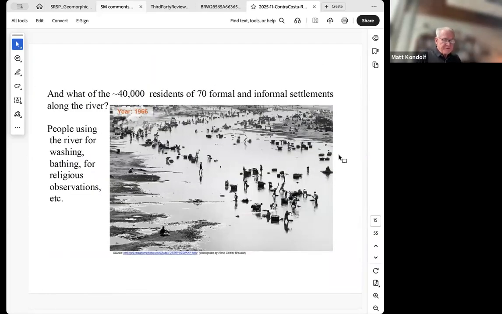So they wound up displacing about 40,000 residents of settlements along the river, some formal, some informal. And the people were using the river for all these daily uses, washing clothes and watering their livestock and everything.